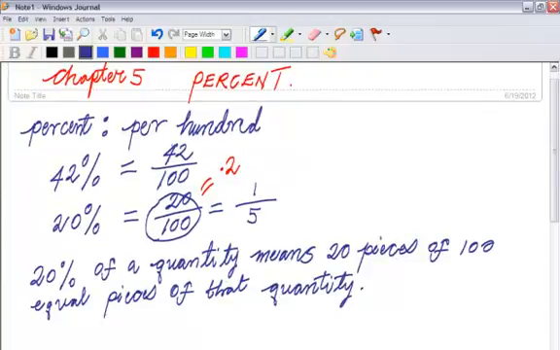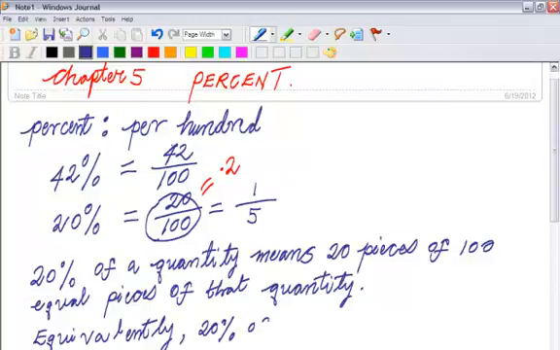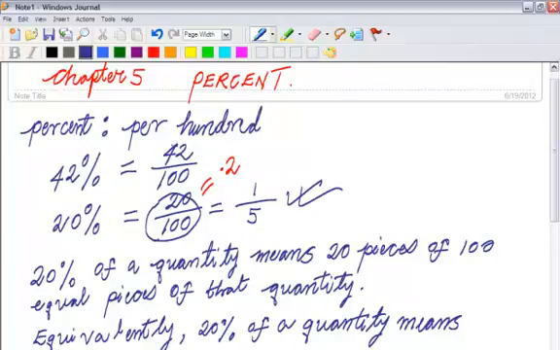So in other words, we know that 20% is also the same as 1/5, right? So 20% of a quantity means 1/5 of the quantity. So equivalently, 20% of a quantity means, remember, right here we said 20% is the same as 1/5.